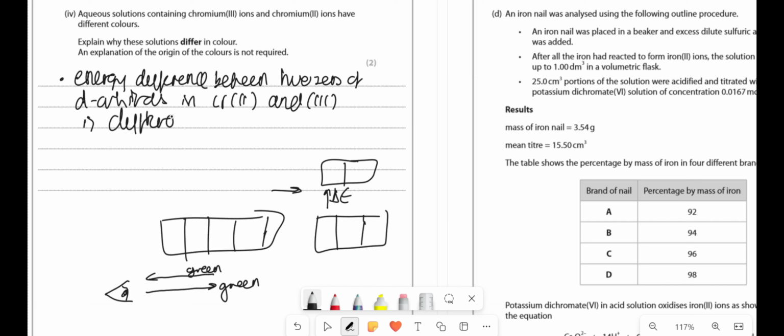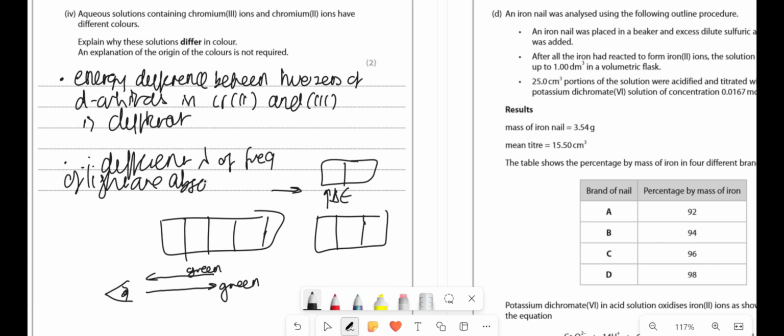Or you could say that they have different splitting, therefore different wavelengths, or you could say frequencies, of light are absorbed and reflected, and that's why you get those different colors. Every single property of transition metals, every single thing they do, returns back to the fact that they form stable ions with incomplete d subshells.